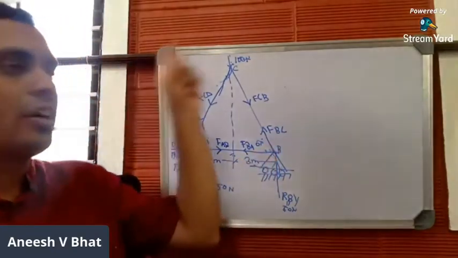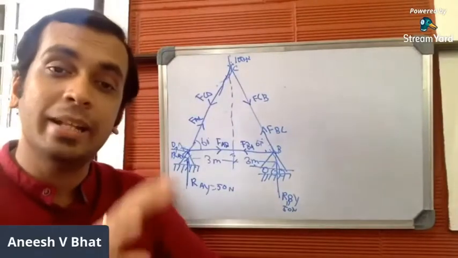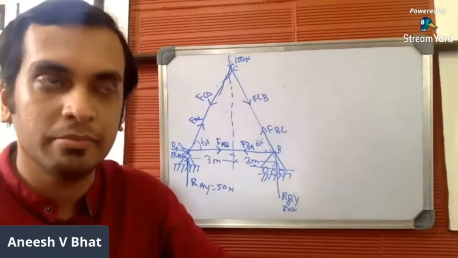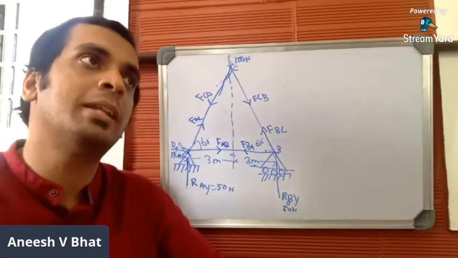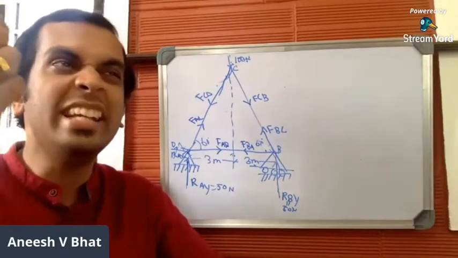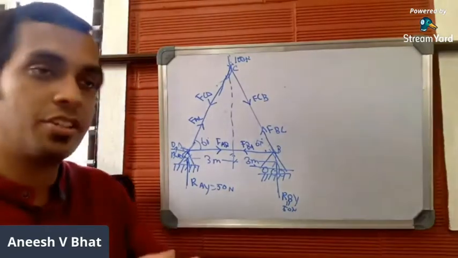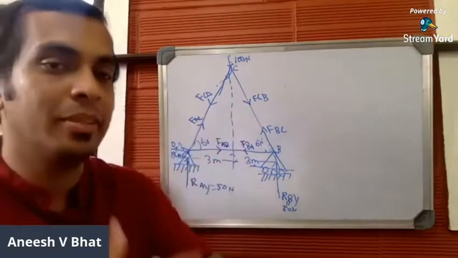So all the 3 joints have the same number of connections, so you can consider any of the joints. But in a big truss, in a different problem, if you have more than 3 or 4 or 5 joints, you have to select that particular joint with the least number of connections. Connections are the number of straight members coming and joining together.